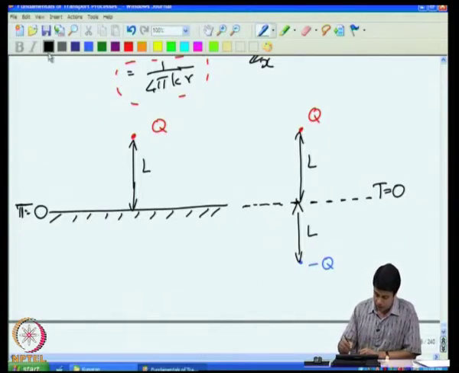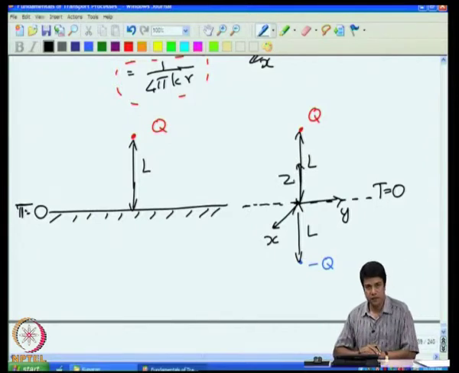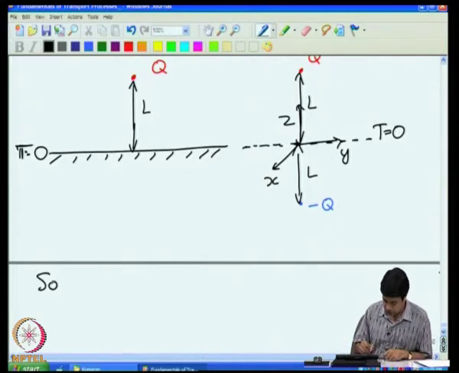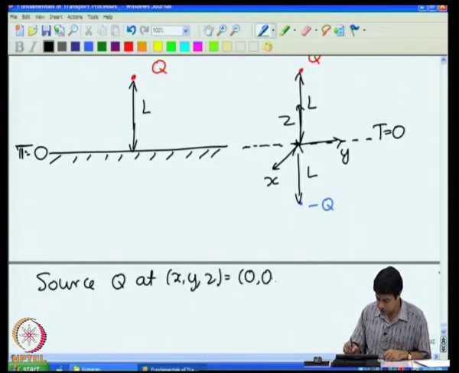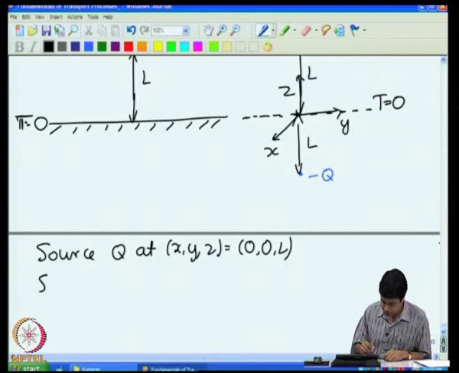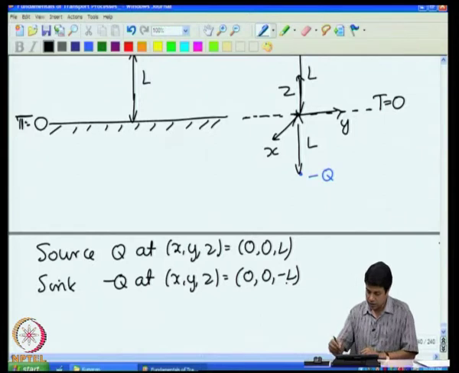I need to put in a coordinate system here, x, y, and this vertical coordinate I will call z. Therefore, I have source q at x, y, z equal to 0, 0, L. And I have a sink minus q at x, y, z equal to 0, 0, minus L. So, that is in the second configuration.